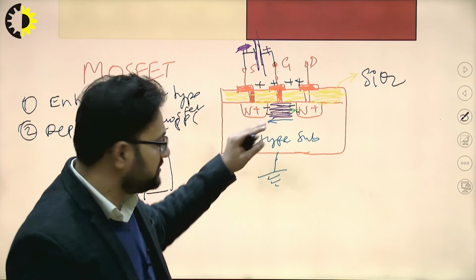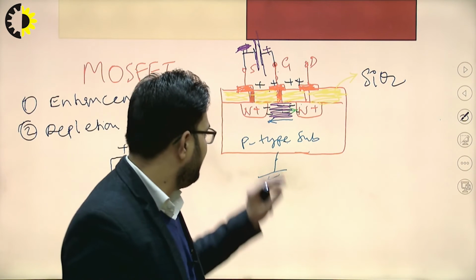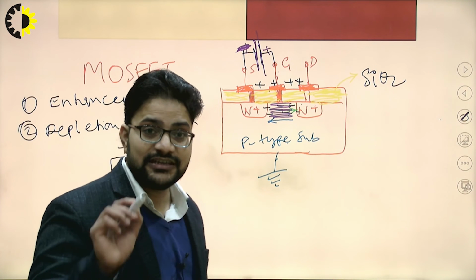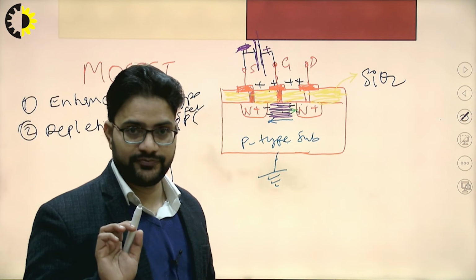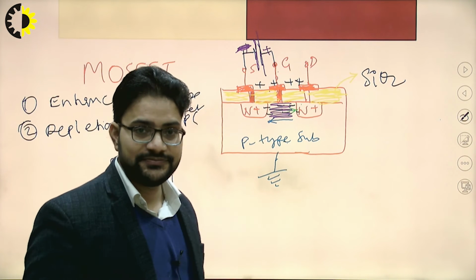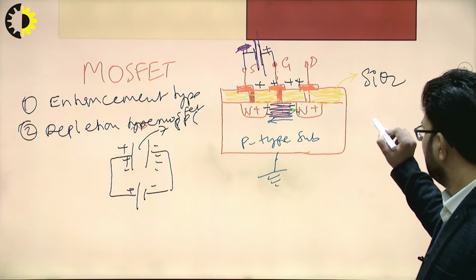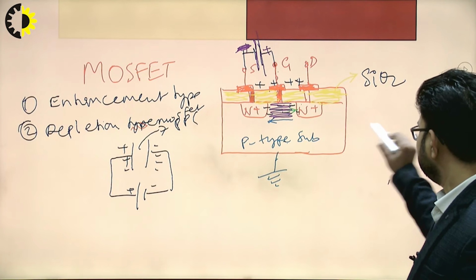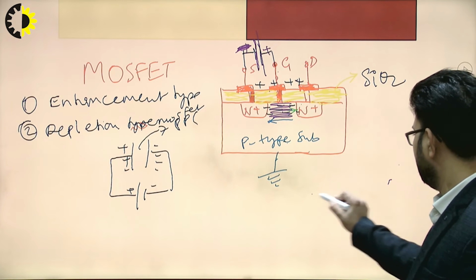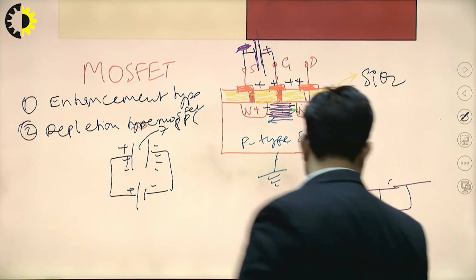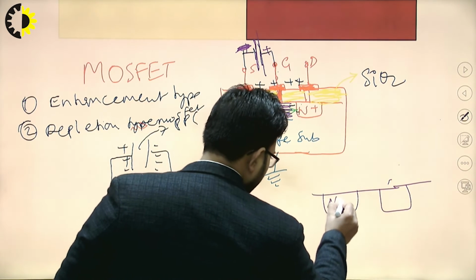Now, some of these positive ions will combine with the electrons, right? And they will reduce the effective channel length, right? So your channel will appear like this. If you see this carefully.